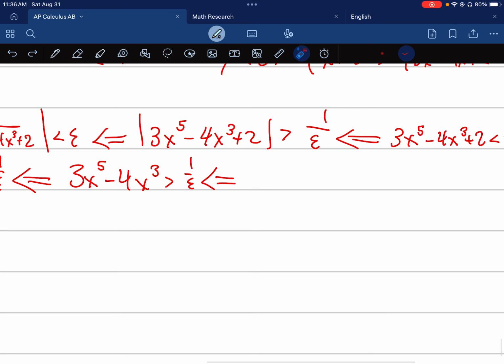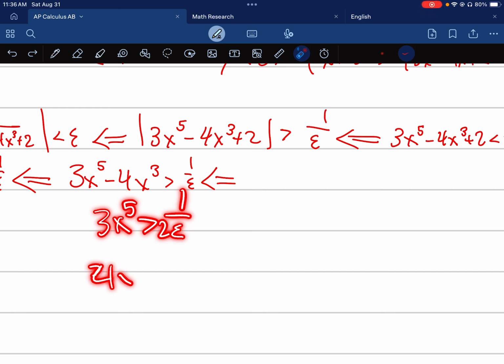And how do we do this? This is where we really have to think now. Because notice before we learned how we could do 3x to the 5th greater than 1 over 2 epsilon, and 4x cubed greater than 1 over 2 epsilon, and we can add them and we can get 1 over epsilon. This doesn't work because we actually have a minus here.